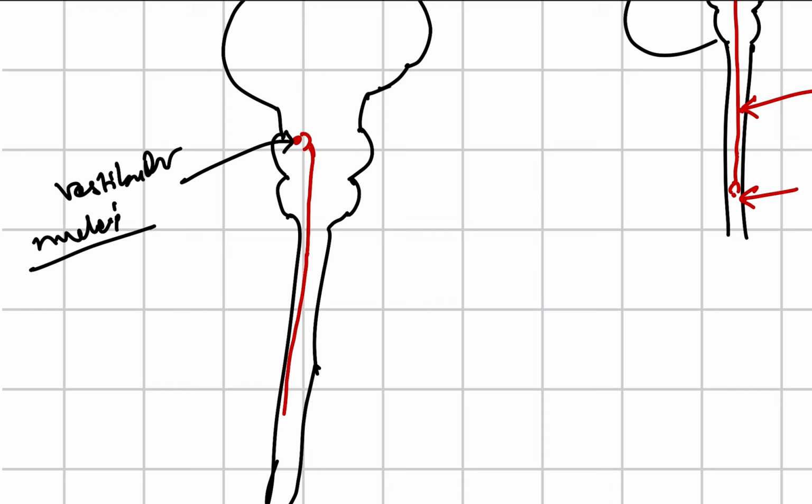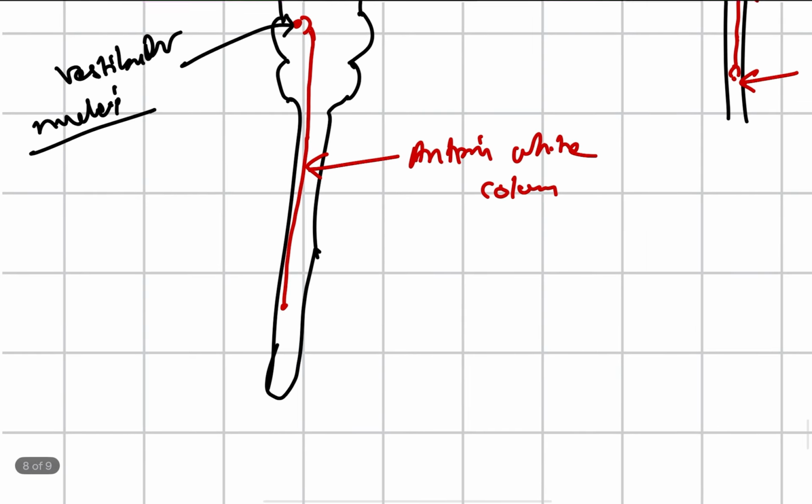It is present in the anterior white column, and it terminates at the anterior horn nucleus.